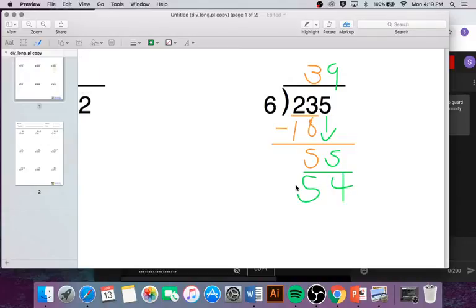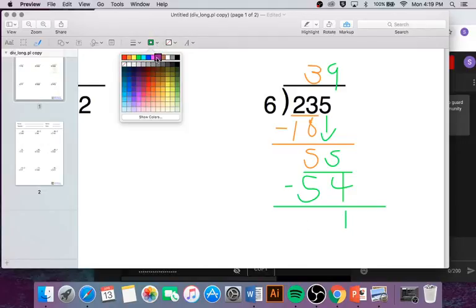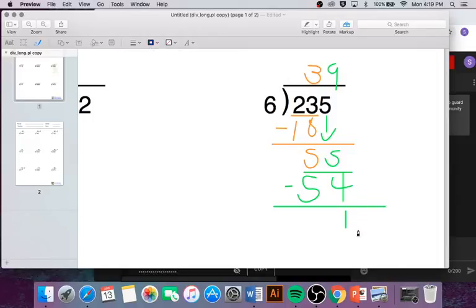And we're going to subtract. 55 minus 54 is 1. 1 doesn't go into 6, so we're going to write our R for our remainder. So the answer to 235 divided by 6 is 39 remainder 1.